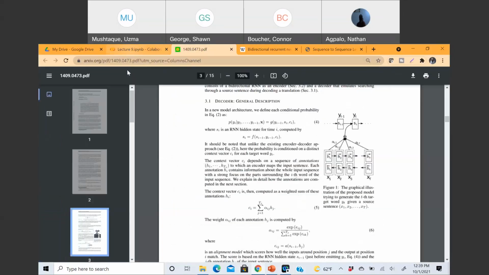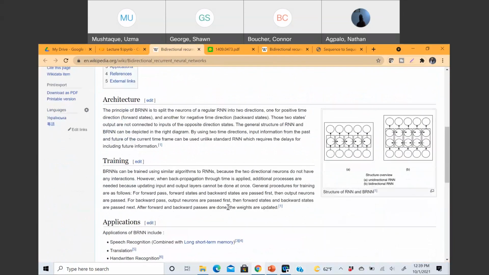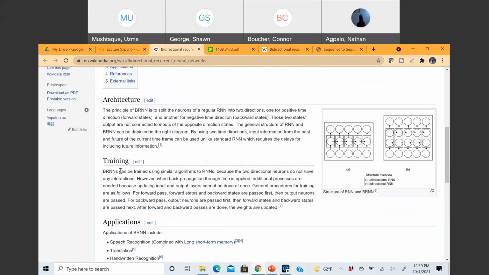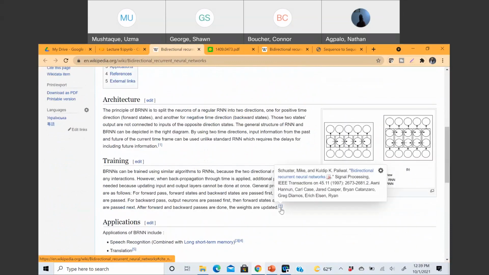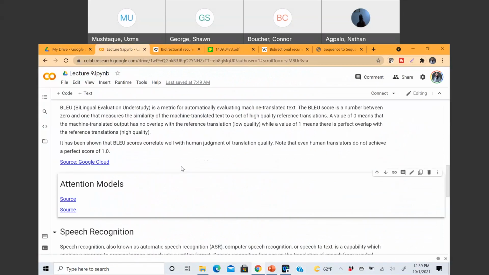Yeah, so let me show you. I have the bidirectional neural networks, and I think they're talking about training. If you go to this particular paper, they talk in detail about how the back propagation will work. Yeah, that's why I didn't introduce that in class.